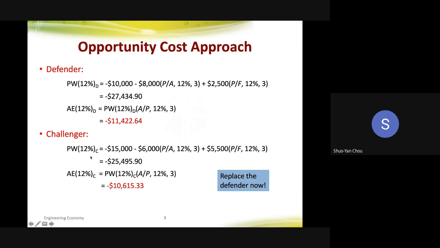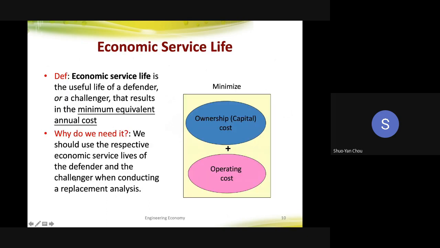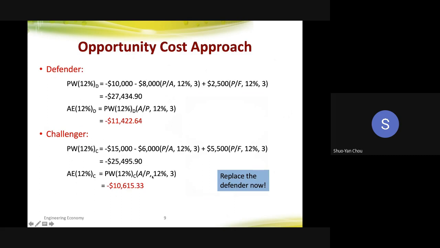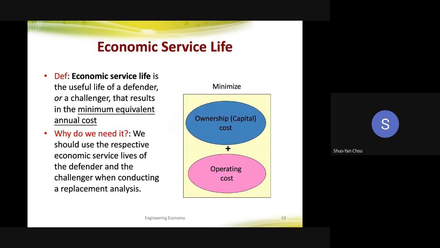For the Challenger, now it doesn't have the 10,000 salvage value, but we compute its present worth of the cost, and compute its annual equivalent cost. And again, we get a value which is smaller than the defender. So either using the cash flow approach or the opportunity cost approach, we'll choose to replace the defender. Okay, so this is relatively straightforward.